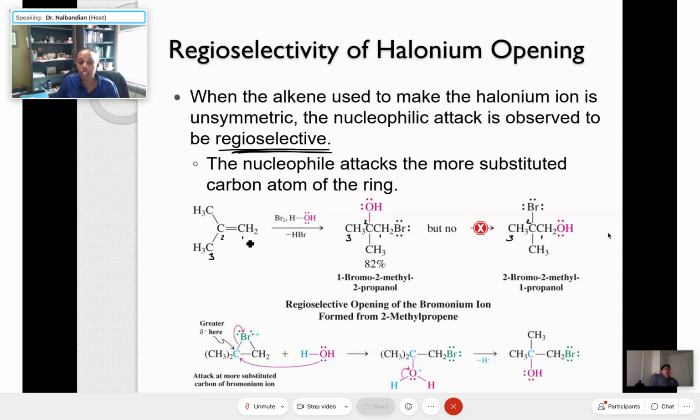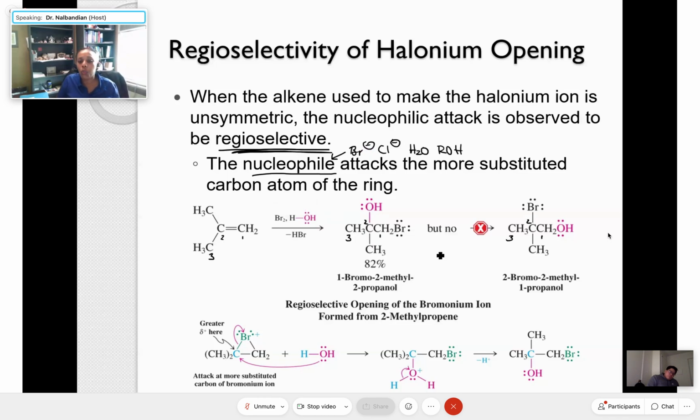Adding the alcohol to carbon 1 or carbon 2, or the nucleophile, we'll say, whatever the nucleophile is. It could be bromine, it could be alcohol, it could be water. Any kind of a nucleophile there. But we add our nucleophile to either carbon 1 or carbon 2. We add our electrophile to either carbon 1 or carbon 2.